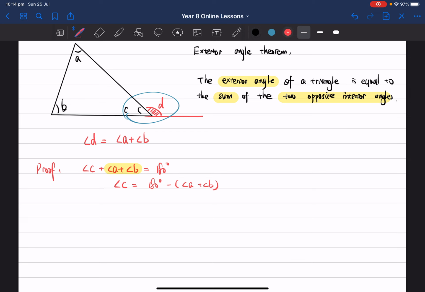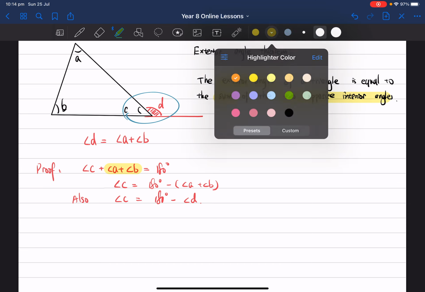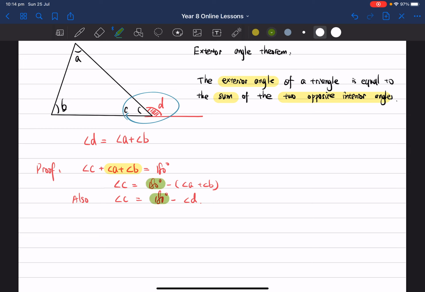We already know that angle C is also equal to 180 degrees minus angle D. Since both are 180 minus something, these two must be equal to each other. So at the end, you can see these two terms are equal, which means angle D is equal to angle A plus angle B. Now, you don't really need to know how to prove this one at this stage. You just need to know how to use this property.